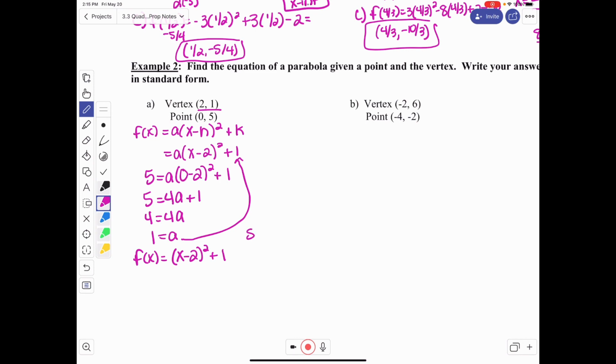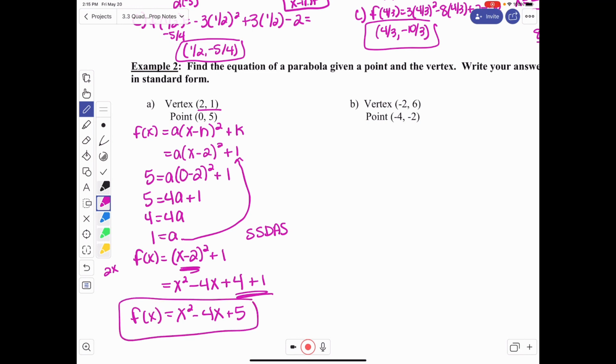Remember that some stars don't always shine to help us with squaring of this. So I'm going to square the first. Same sign, double the product. My product is 2x. If I double it, I get 4x. Always plus square the last. And then I have the plus 1 on the end, and I'll combine those two to get x squared minus 4x plus 5.